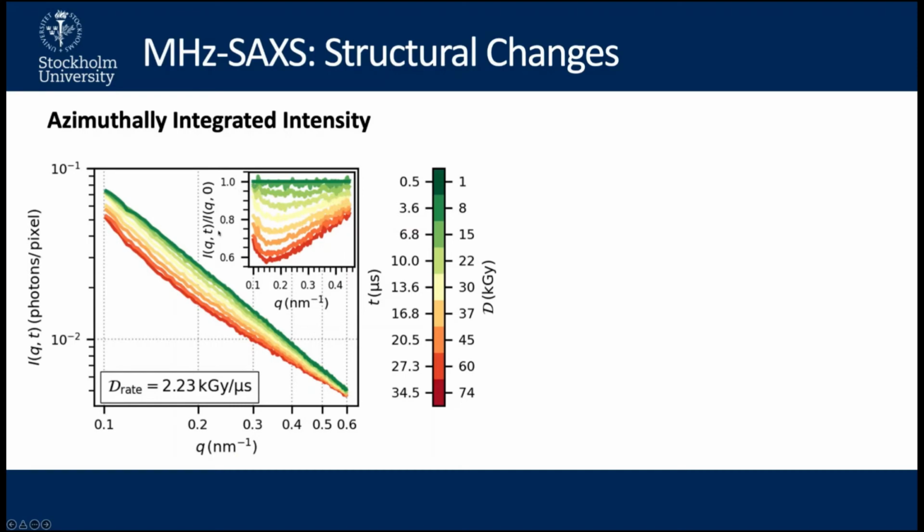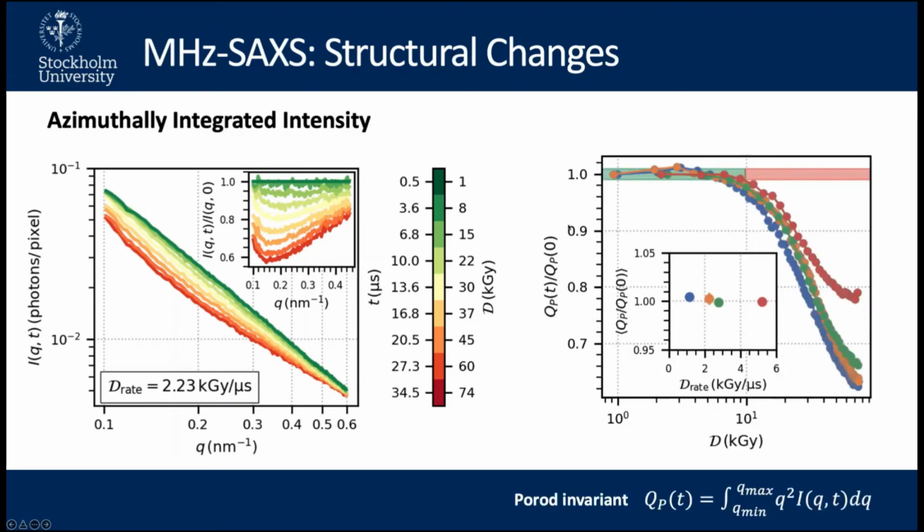And on the inset, we show the intensity normalized to the intensity at time 0. So we see that after 10 kilogray or so, something is growing here. To quantify the structural changes as a function of time, we plot the Porod invariant, which is a very common quantity used in SAXS to quantify changes in the line shape.